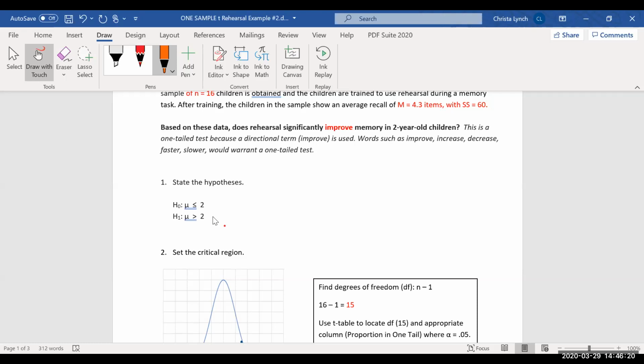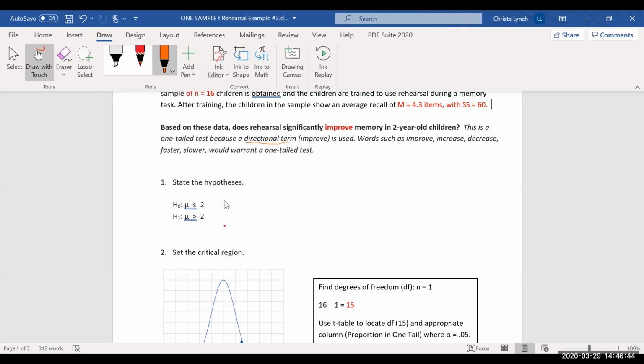So how do you know when, why, and how to use the directional symbols here instead of just equal or not equal to? Well, if you have a one-tailed test, if you're using a directional term, like this one, improve, then you are going to use the directional symbols.